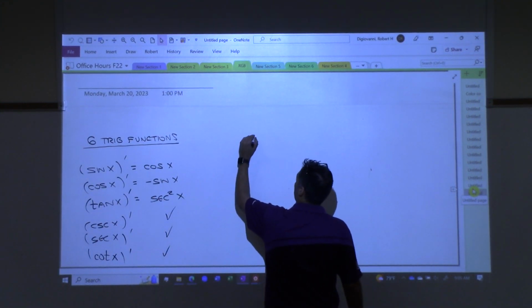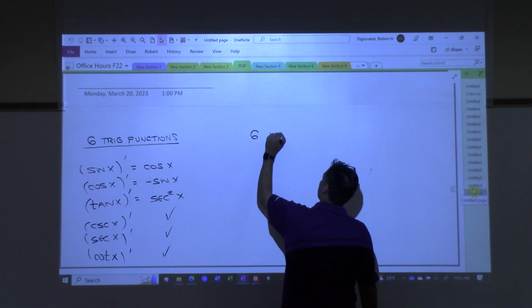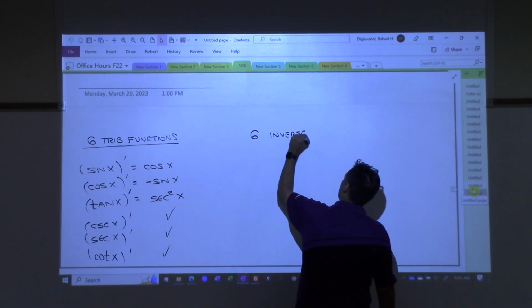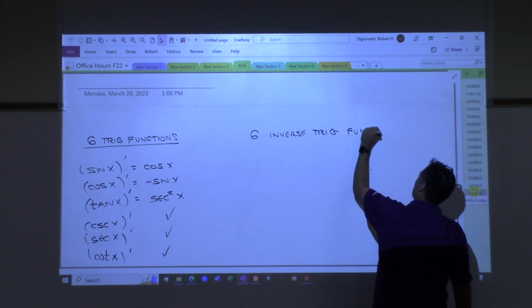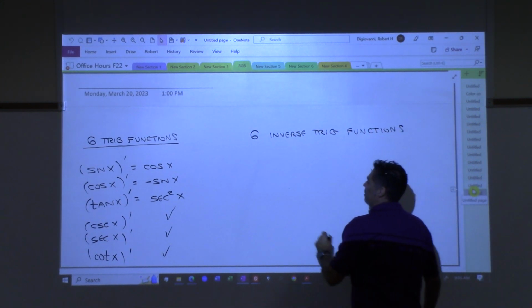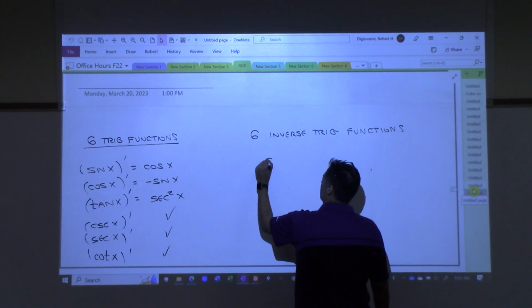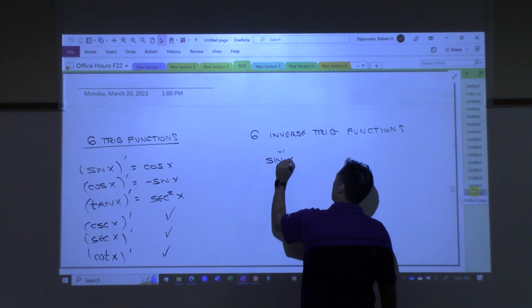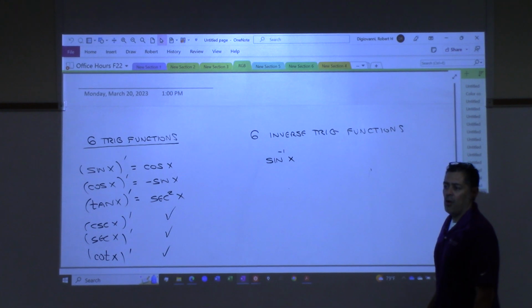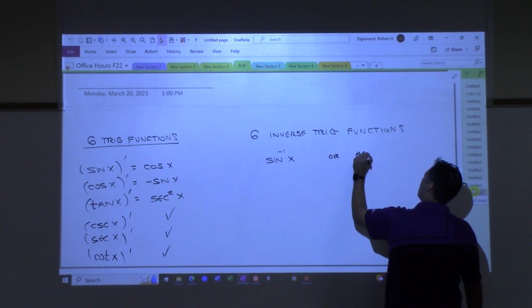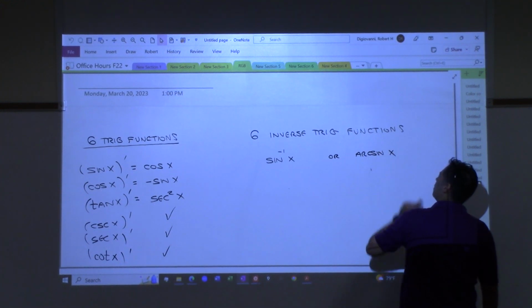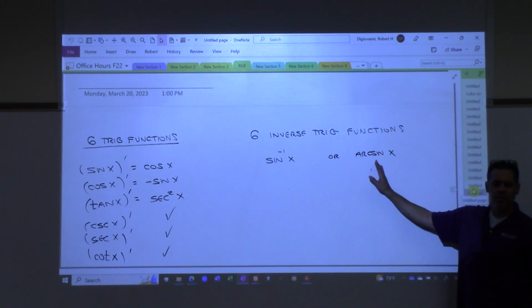The 6 inverse trig functions are written, in the notation I'm going to use, as sine with a little -1 of x. You could also have learned that in pre-cal as arc sine x. How many of y'all learned this notation?